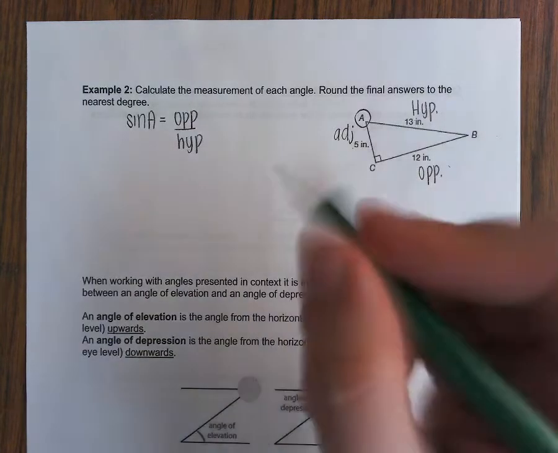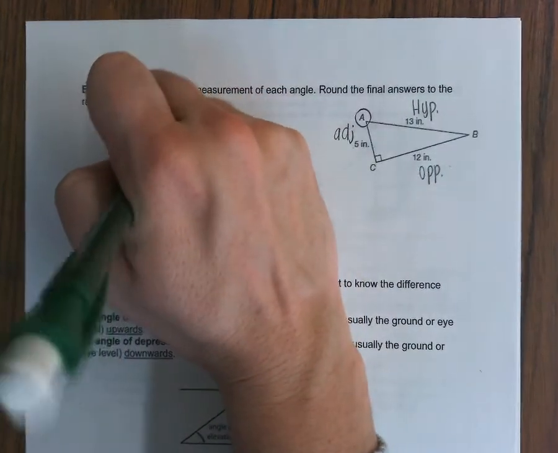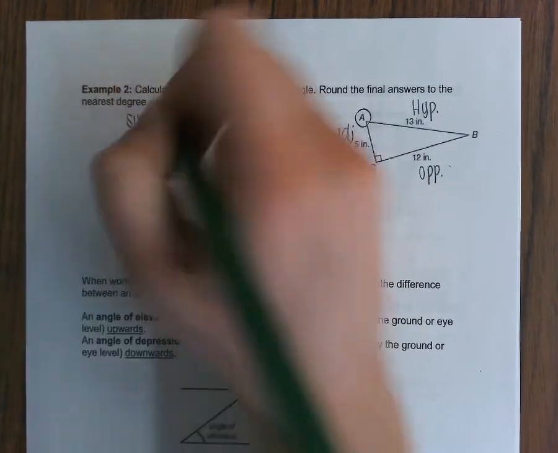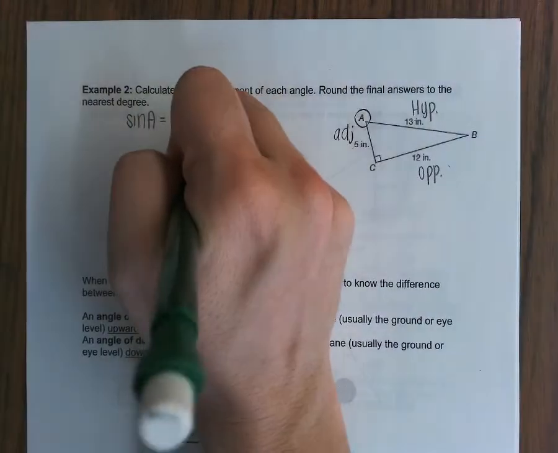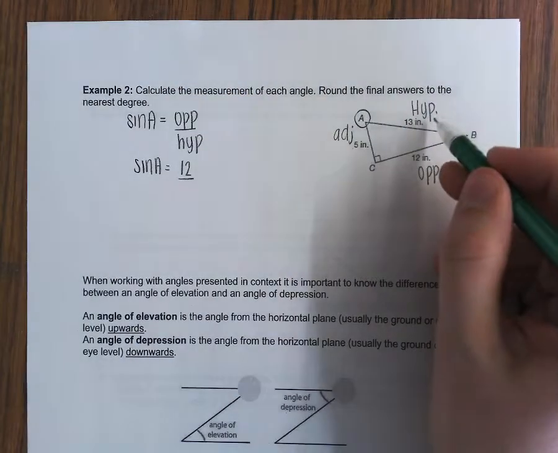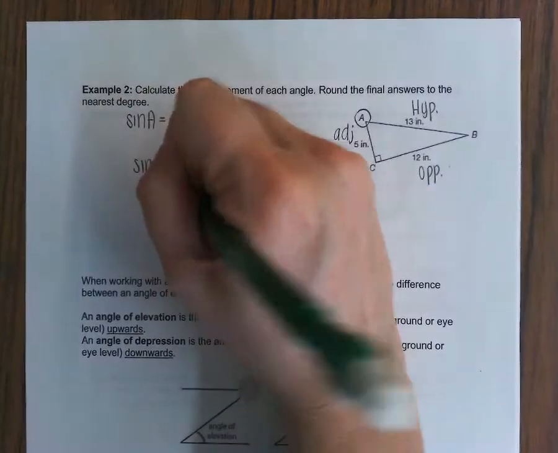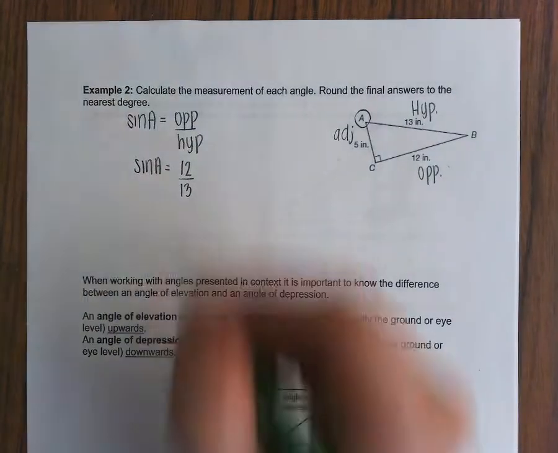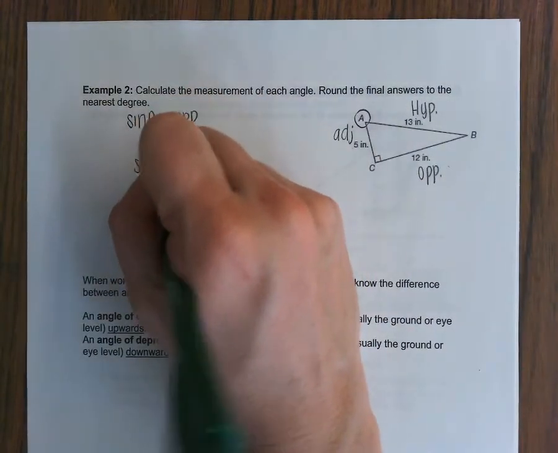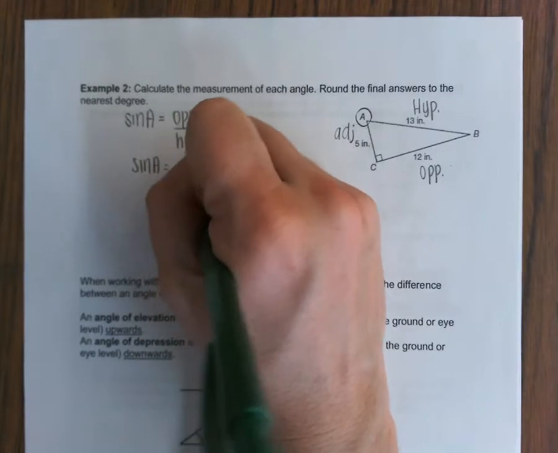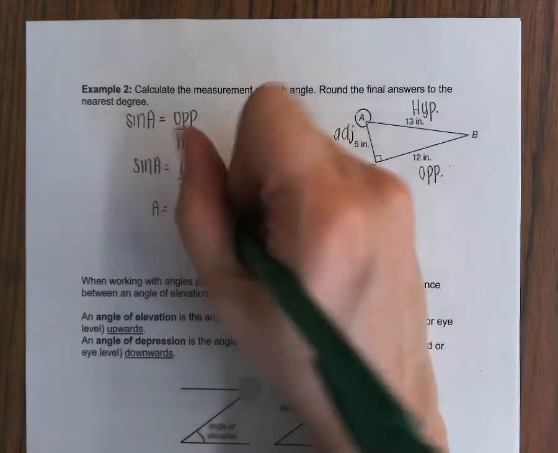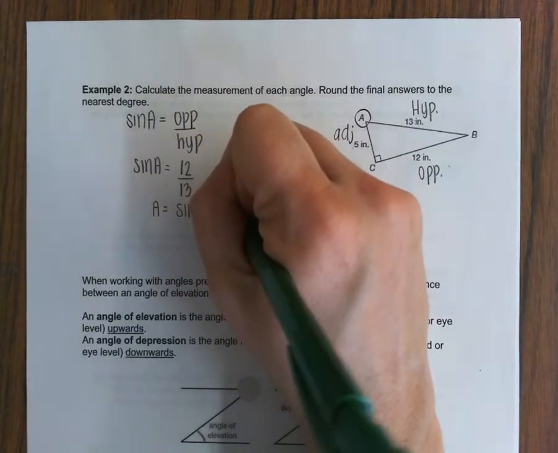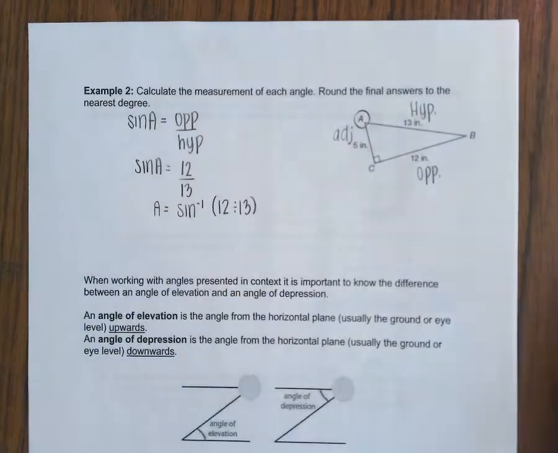So here, sine of A is equal to the opposite, so 12 over the hypotenuse, which is 13. And in order to solve for A, I'm going to use sine inverse of 12 over 13, 12 divided by 13.